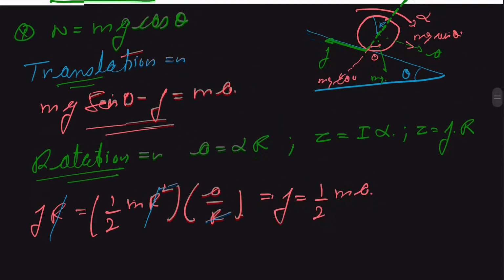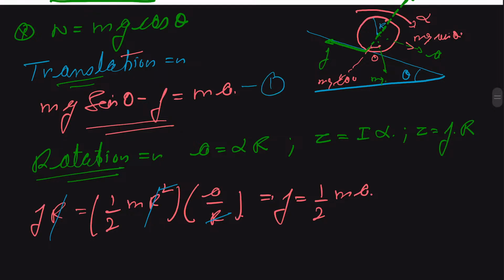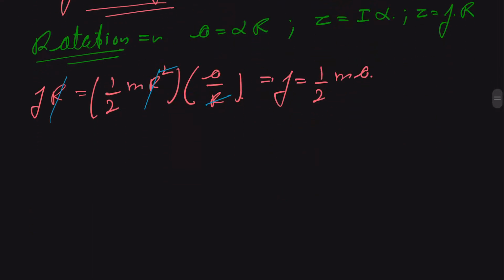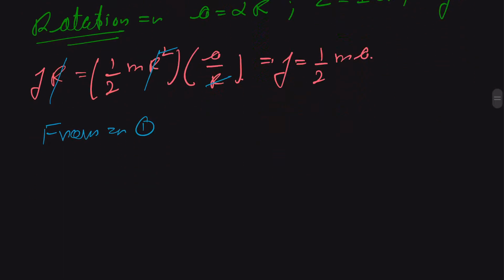So let us suppose we call this equation number 1. So we can say from equation 1 we get this as mg sine theta minus half ma is equal to m times A, and we move it to the right side.